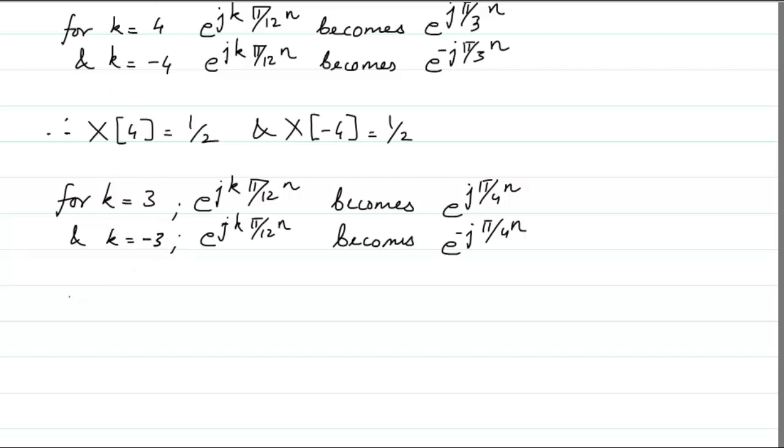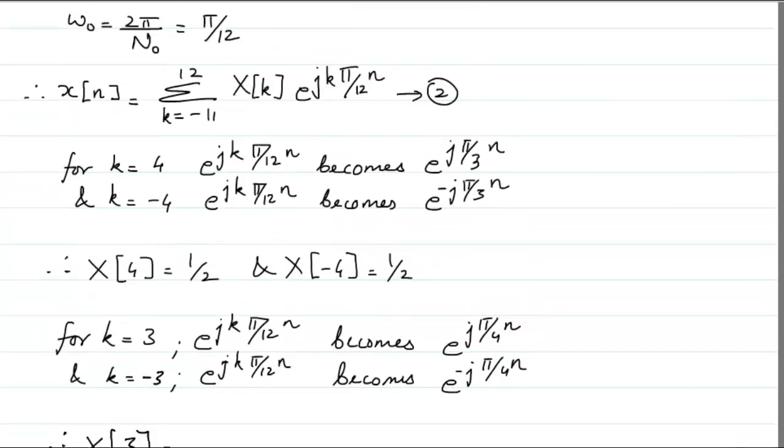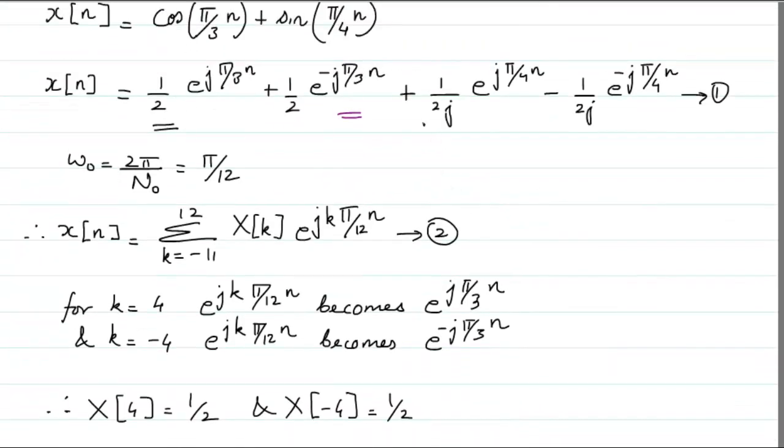Okay, therefore, I can say that x of 3 is equal to, now look at these values. Here it is 1 by 2j, and here it is going to be minus 1 by 2j.